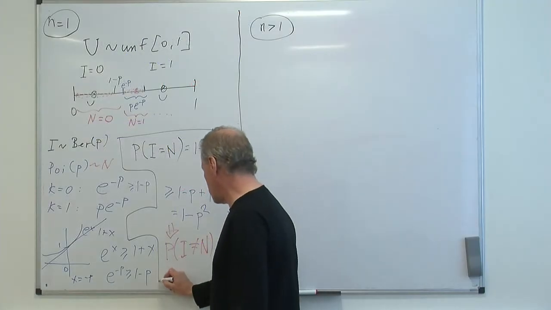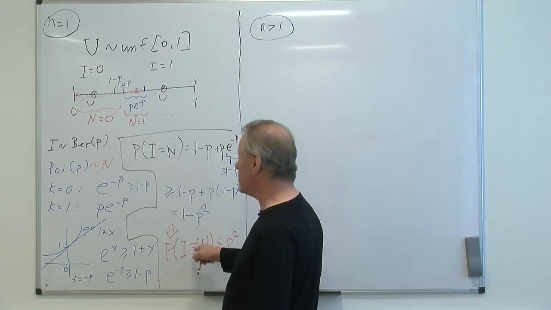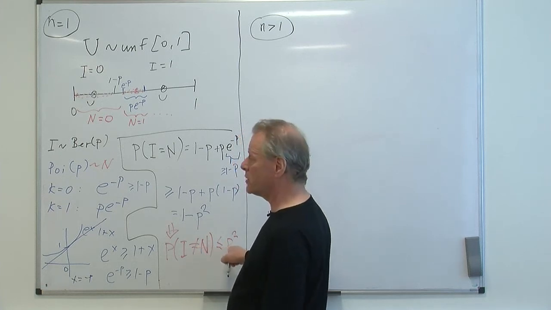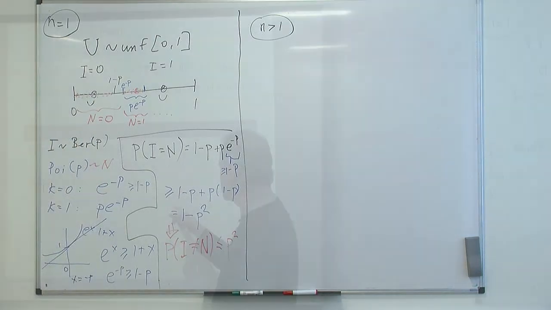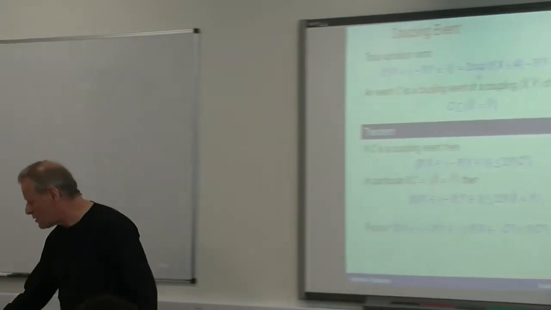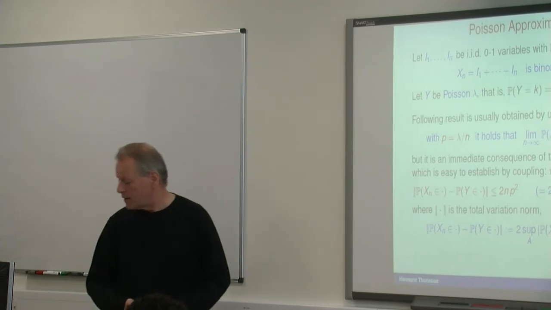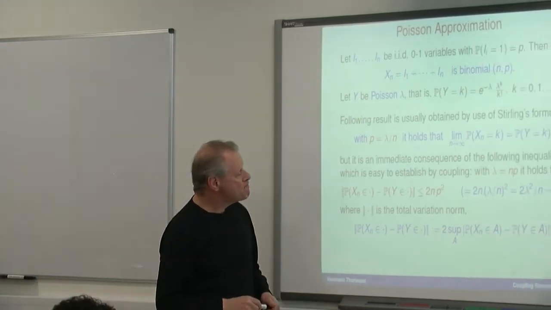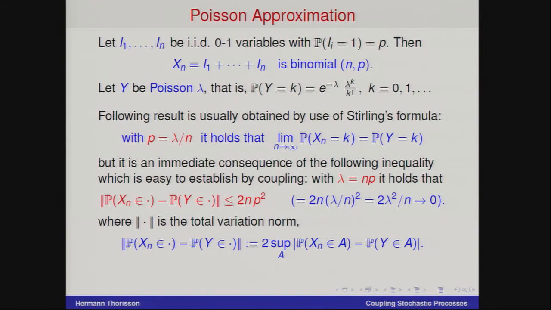So, yes. This is less than or equal to p squared, so the difference is less than or equal to p squared. So let us now go back. Yes, that's what we wanted. N is 1, so we have this. So it's established for n equal to 1.